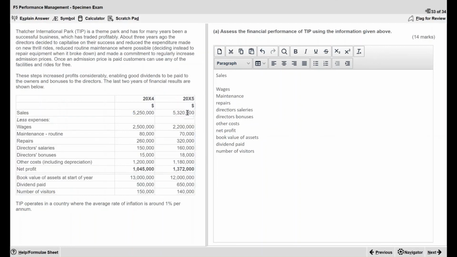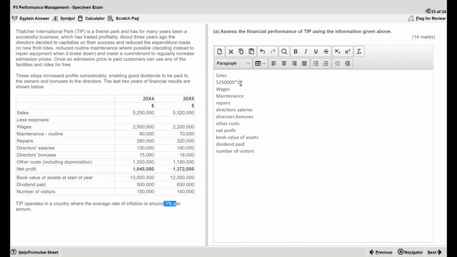Okay, we have sales. Sales, as you can see, have increased. They are 4,250,000, and if we look at inflation here, it's 1%. So if they increase because of general inflation, that doesn't mean that our performance is good. It would be just because of external factors.